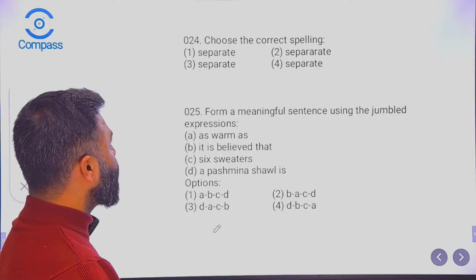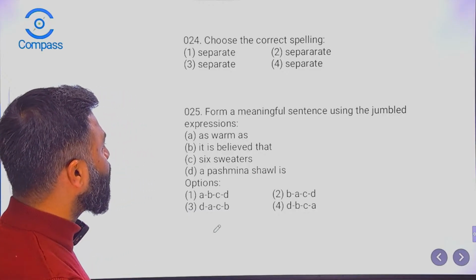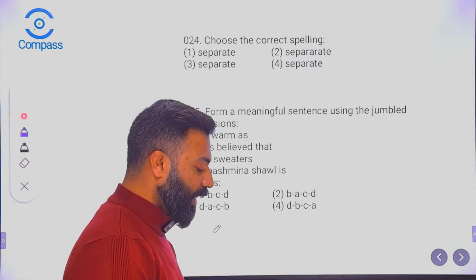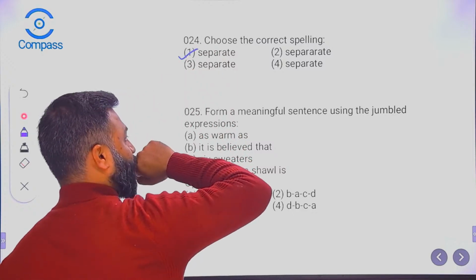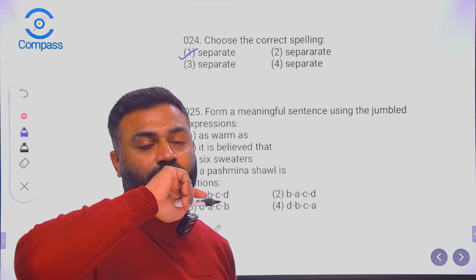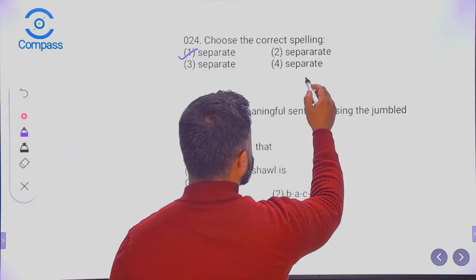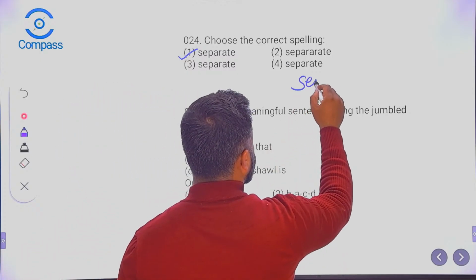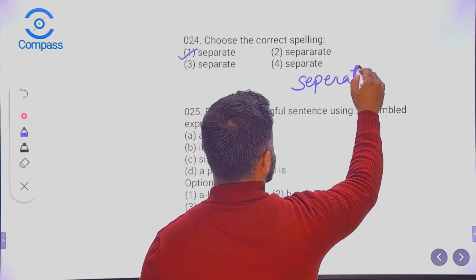Okay, question number 24. Choose the correct spelling. Yes. Come on. What should be the correct spelling? The correct spelling of the word is separate. Okay, that's the correct spelling of the word separate. Now, children, they get confused in this.